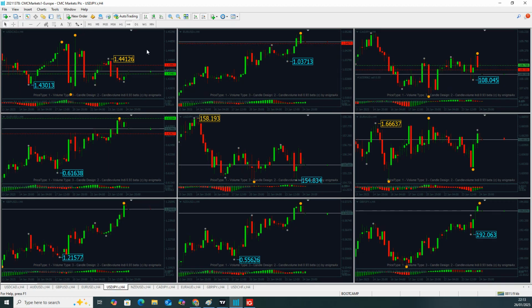Let's go to the dollar yen. So what do we have here? That was a sell point. See the dollar yen, the sell point of the dollar yen was this price here, the low of that candle, 156.450.